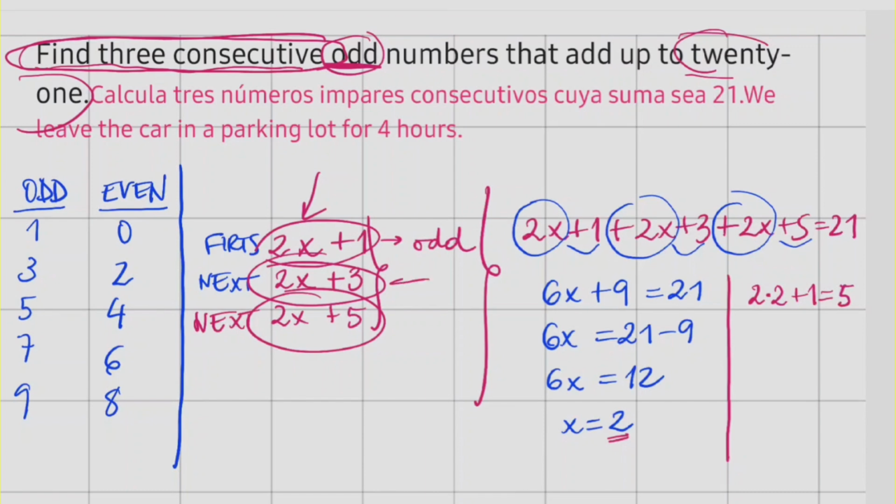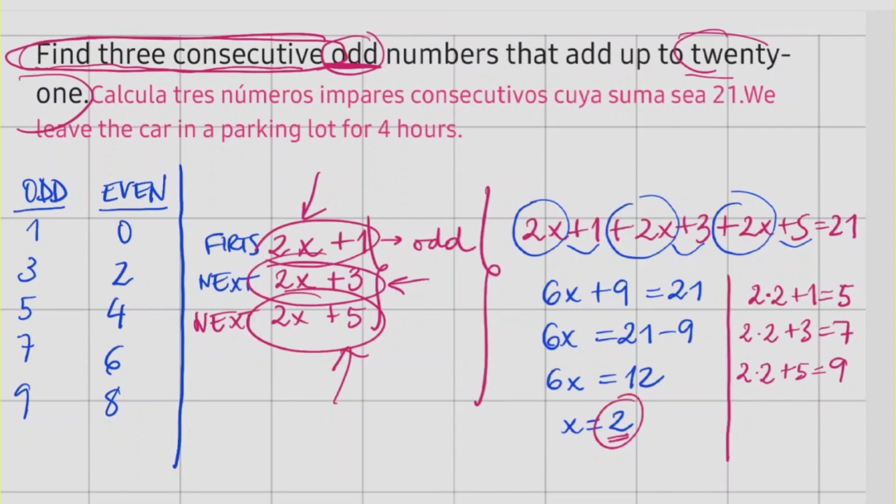We said the next one is this one, 2x plus 3, which means 2 times 2 plus 3. How much is that? Well, 7. That's the next one. And the last one is 2x plus 5. So I write 2x, but because x equals 2, I change it by the 2, plus 5, that equals 9. And these 3 are the answers to the problem, 5, 7, and 9.